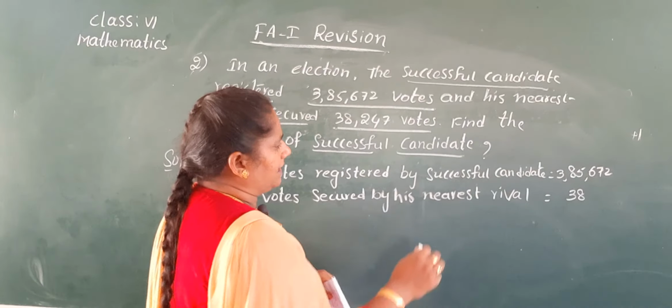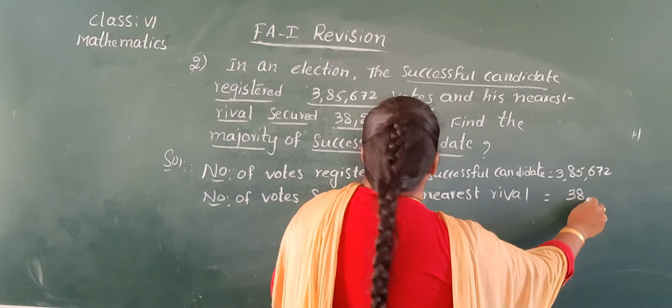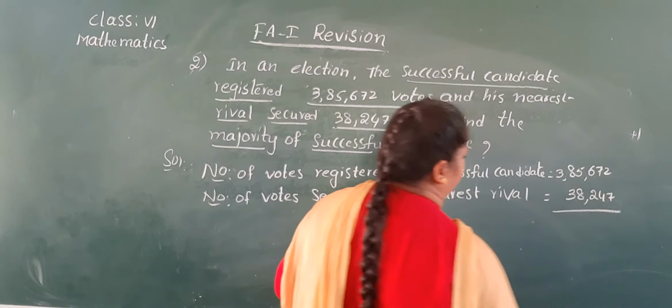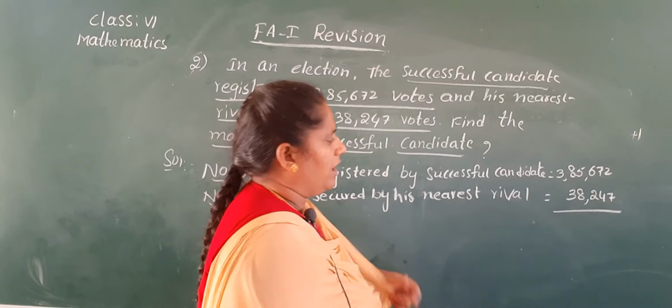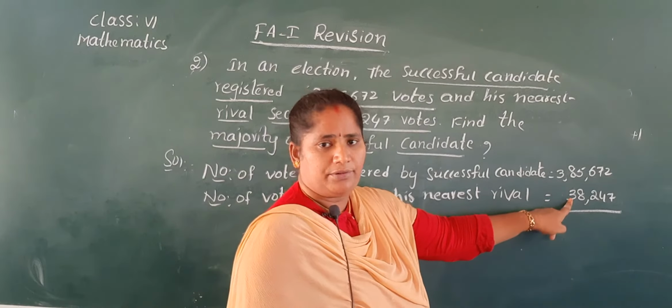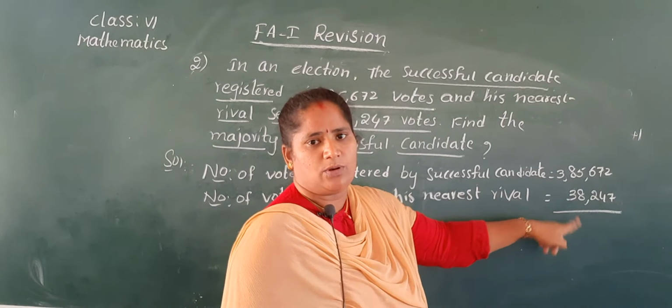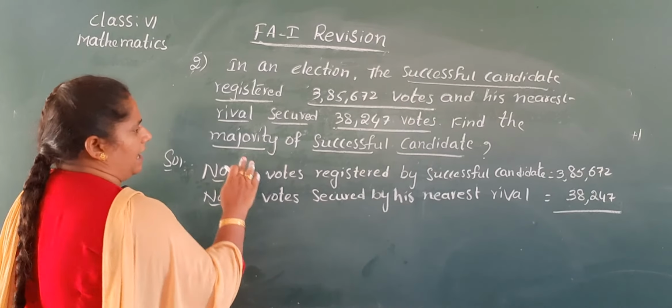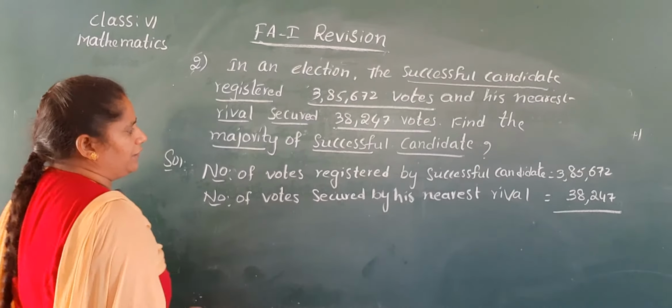So you write under the 10,000s place 38,247. Here you must be very careful to note down the numbers. Don't write 3 under the lakh. You have to write under the 10,000s place. Okay? Now, what they are asking in the question, find the majority of the successful candidate.